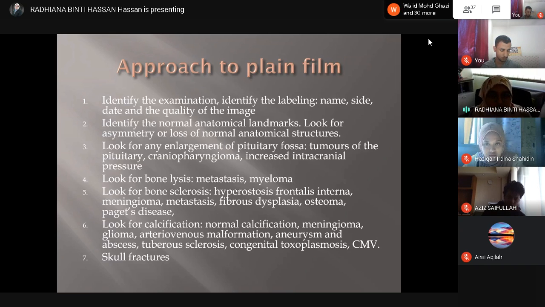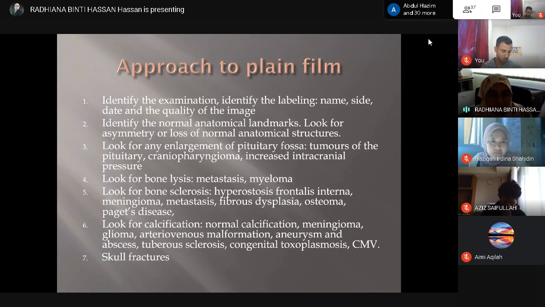So you should be comfortable seeing all this normal anatomy, and if it is not seen, whether this is a significant abnormality or not. And don't forget the sella region, the pituitary fossa, because even though it's a small region, this area can have many disease processes that you should not miss.